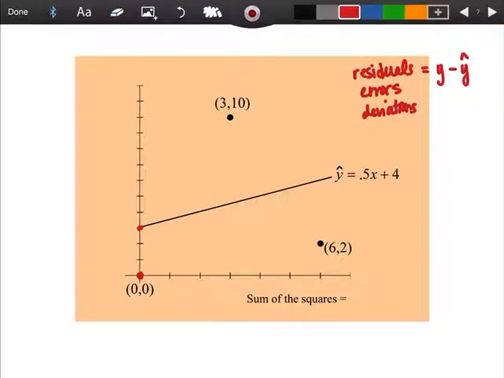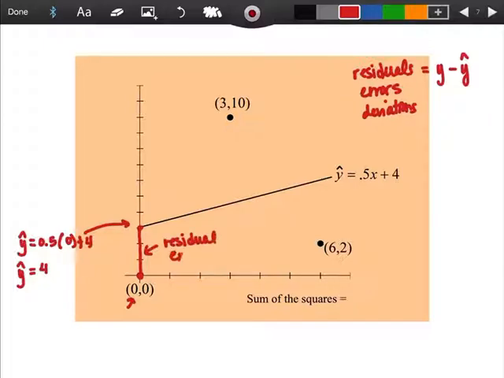So over here, my actual y value is 0. I want to calculate what our y hat or our predicted y value would be. To calculate this, I plug into my equation. Y hat is 0.5 times x, which is 0, plus 4. So my predicted y value is 4.